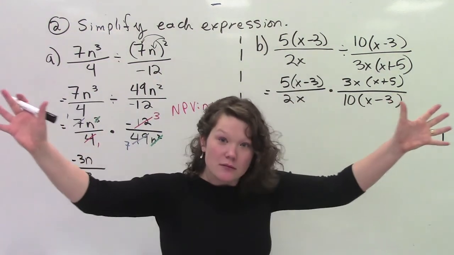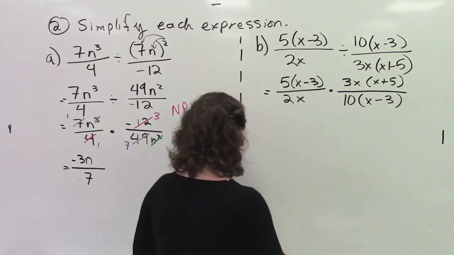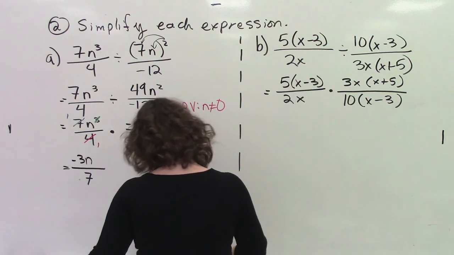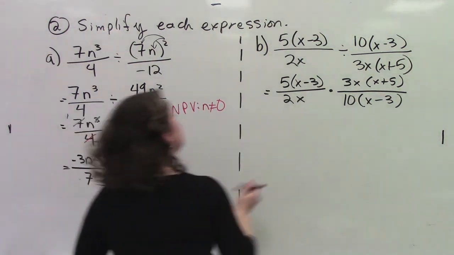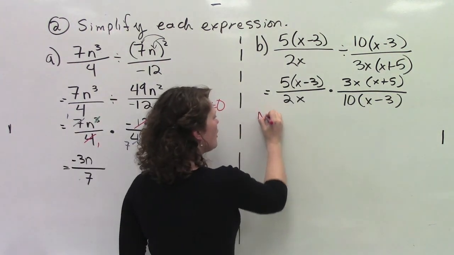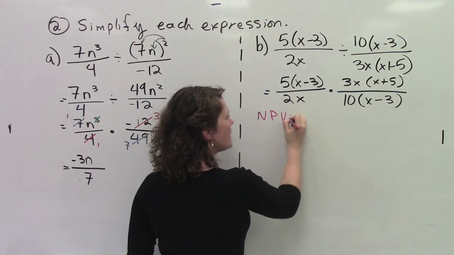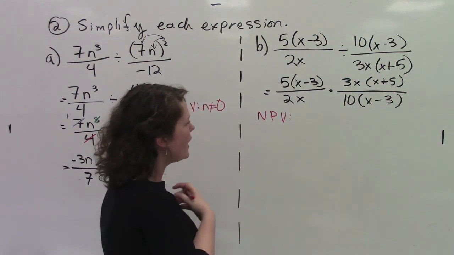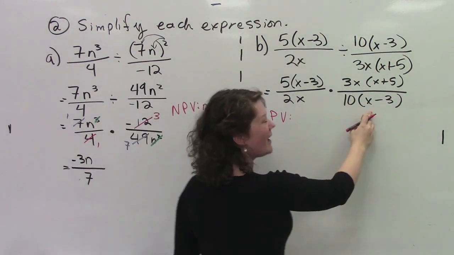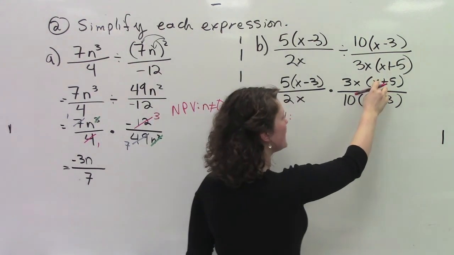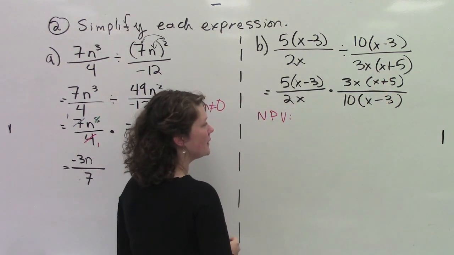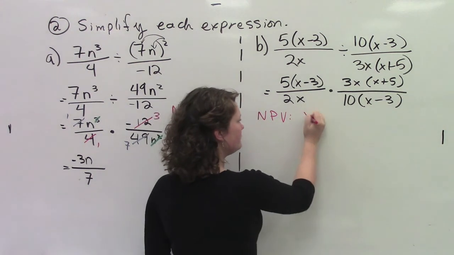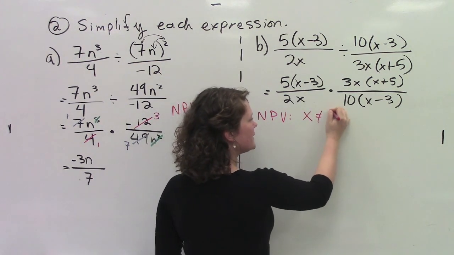So stop! Let's look for our non-permissible values. So non-permissible values. These are the values that bring the denominators to 0 and the numerator of the second fraction. X cannot equal 0.